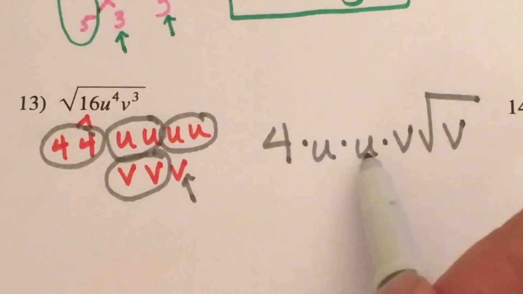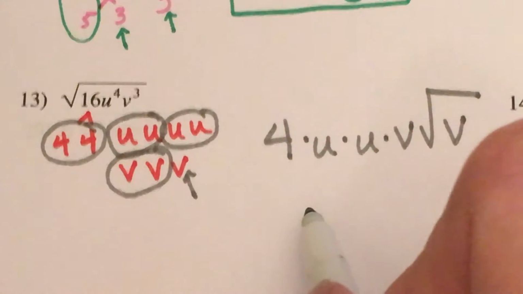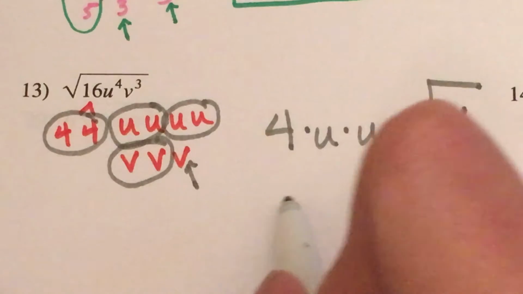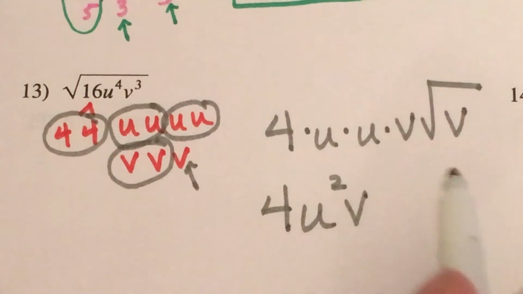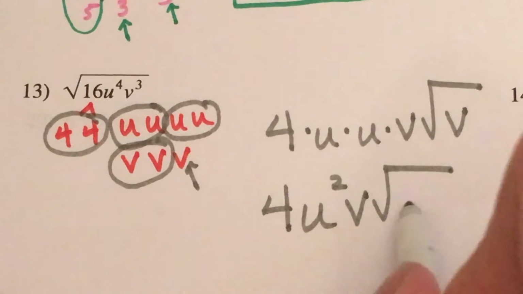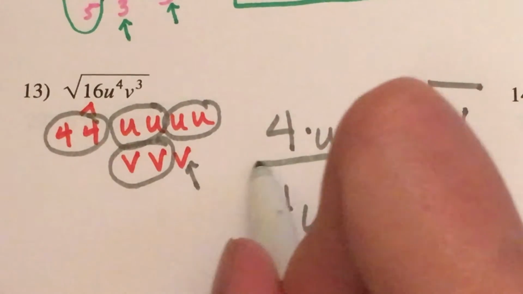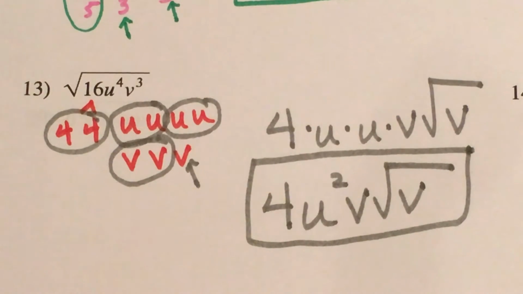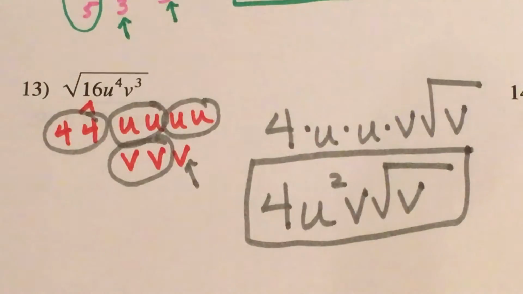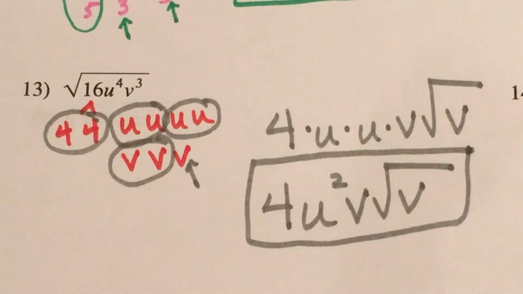What is U times U? It could be twins, I guess. So 4U squared V, square root of V. Done.